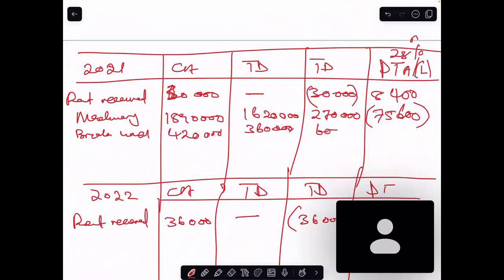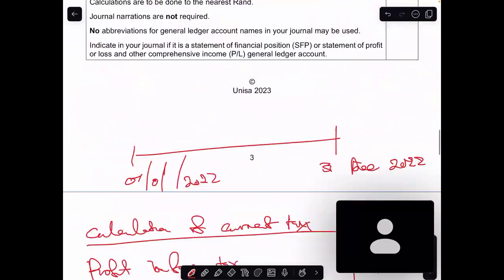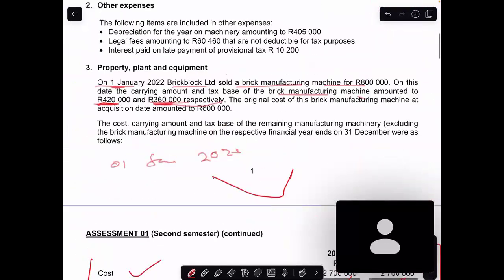The carrying amount of an asset is greater than its tax base, so it will give us a deferred tax liability of how much? 60,000 times 28 is 16,800. We skipped this one, English skipped us there.